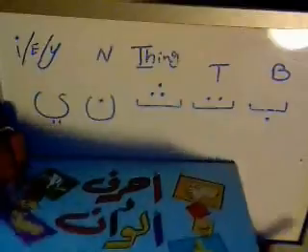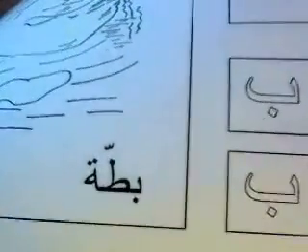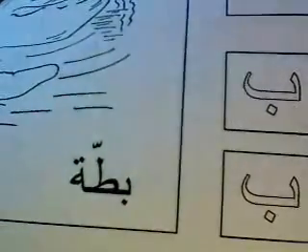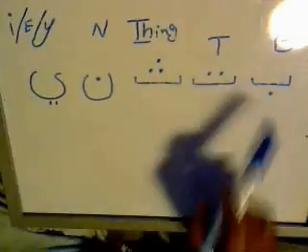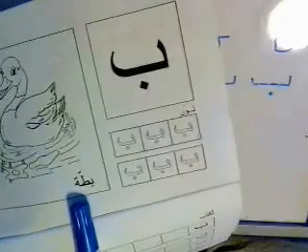Or better, if I show you this word, you see the letters connected. I don't know if you recognize the first letter, which is the ba. I hope you recognize it. Here it is. The ba is different from here and here. Here it's because it's put in the word.